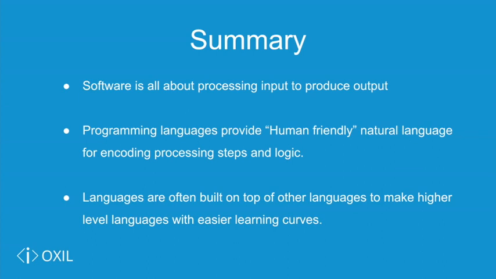So we're able to write in a reasonably natural flow without having to get bogged down with machine code. And I think the final point to make is that languages are often built on top of other languages to produce higher level languages with easier learning curves. The industry has very much evolved over the last 10 to 20 years to produce easier and easier languages to enable more and more people to be able to code and to produce effective software.